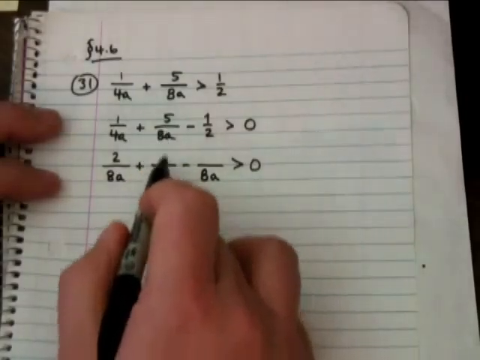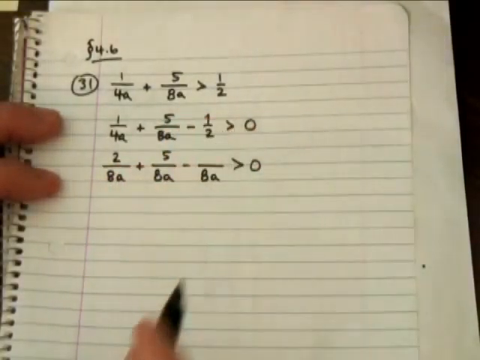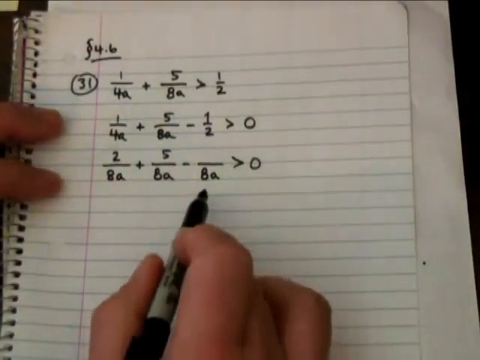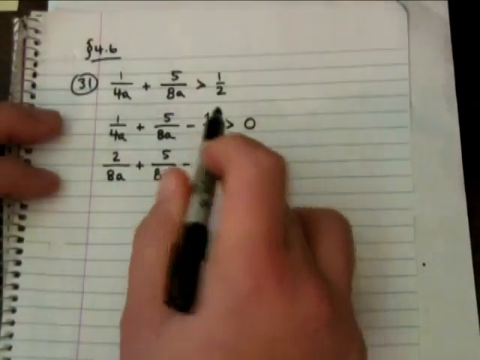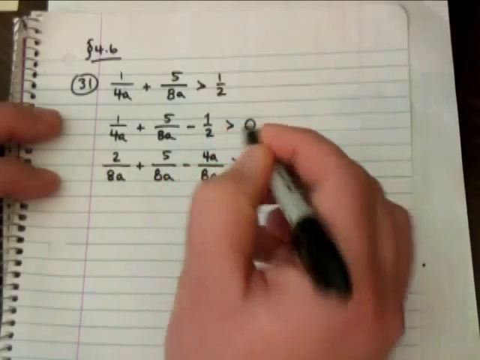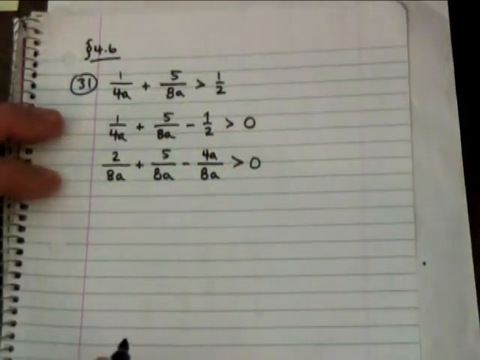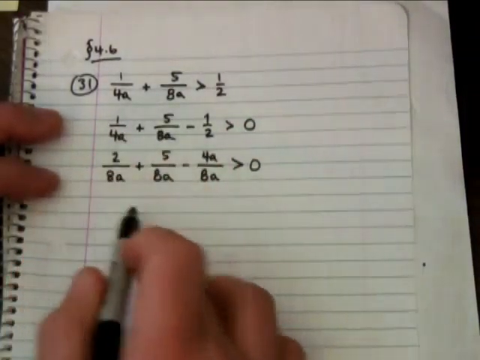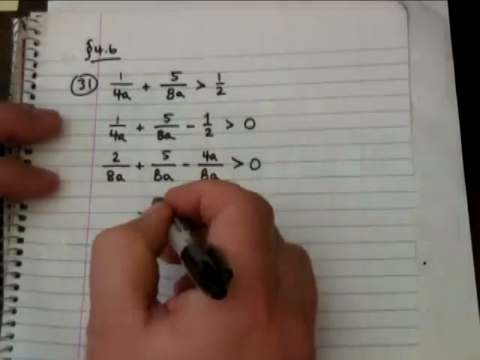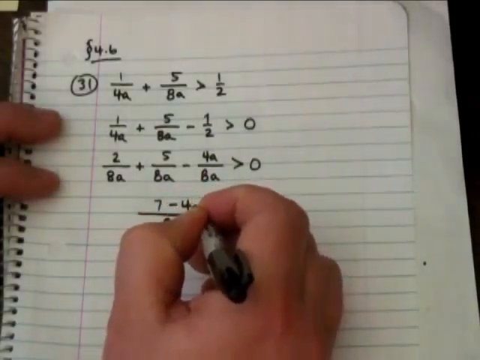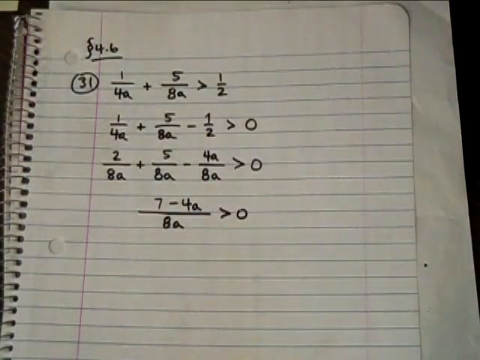Second fraction, I did not change the denominator, so I should not change the numerator. And in the last fraction, I multiplied my denominator by 4a, so I should multiply my numerator by 4a as well. Then I can combine all of these fractions into one single fraction where the denominator would be 8a, and I have 7 minus 4a in the numerator.